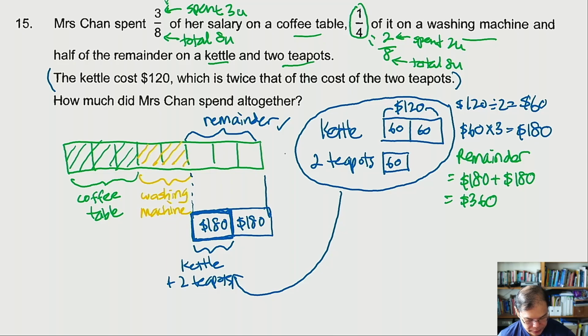Okay, so this is 360. This whole thing here is 360. The remainder. Right, so how many units in the main bar here is the remainder? 3 units.